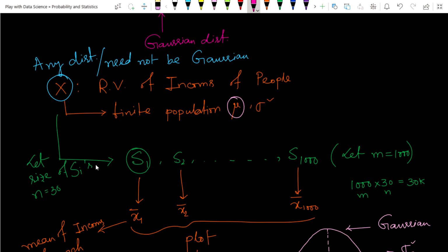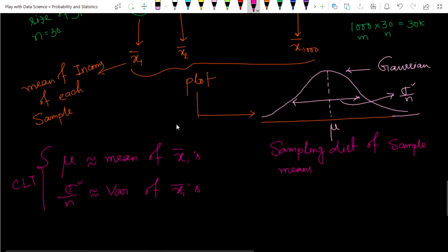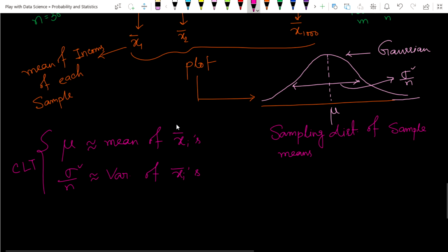If I collect a data set and don't know its distribution, only its mean and variance, then by simply collecting samples from that data set, we can easily draw conclusions using this beautiful and elegant central limit theorem.